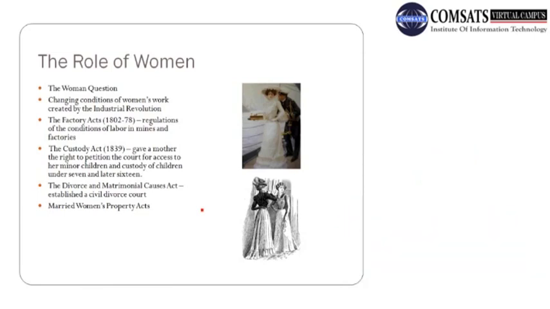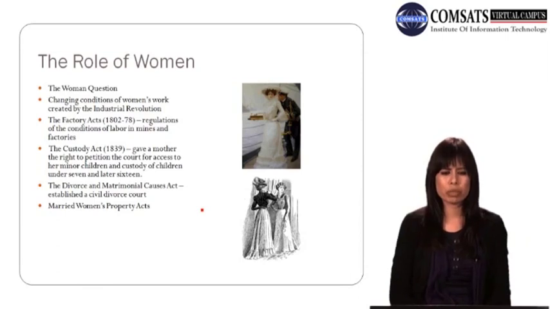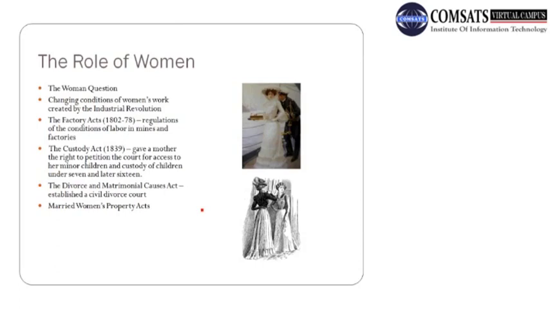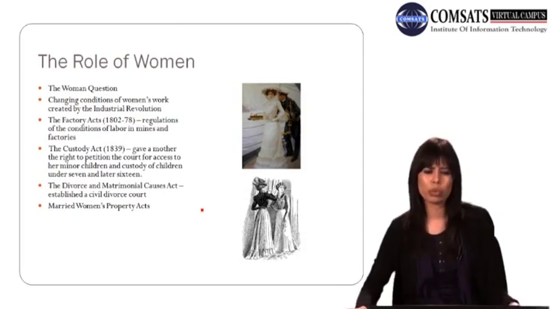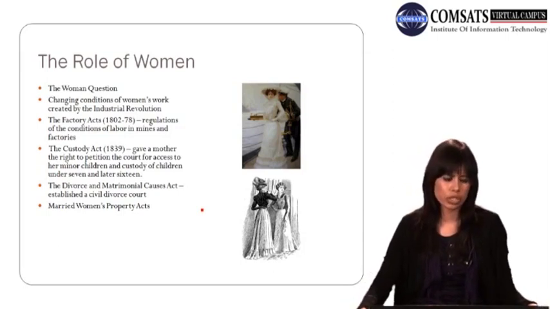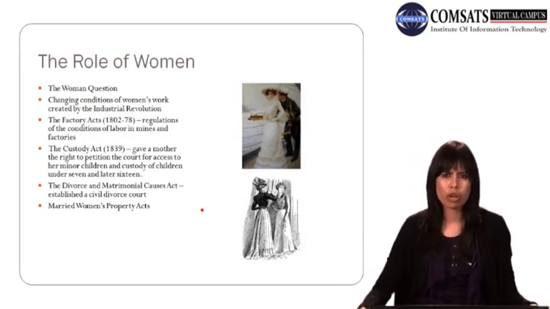The women question, the changing condition of women's work created by the Industrial Revolution. When the Industrial Revolution took place, women started getting employment in different industries. So you can see there was a change in the conditions of women during that period.